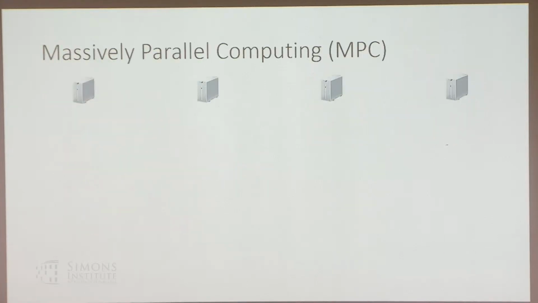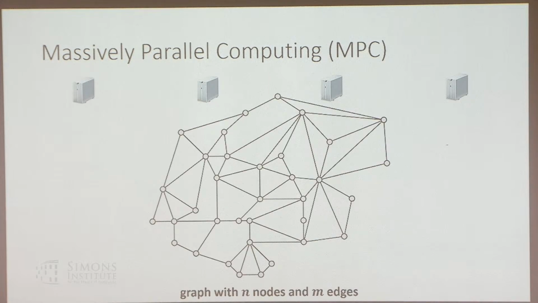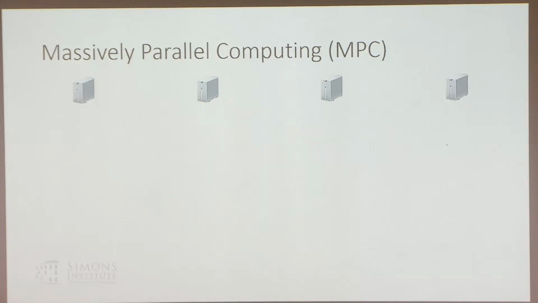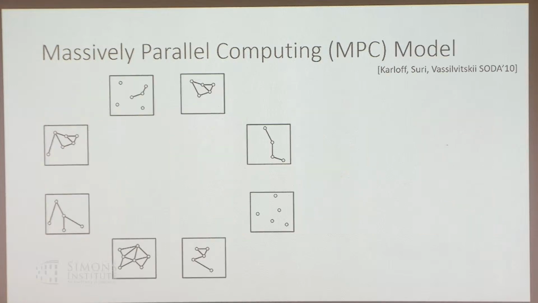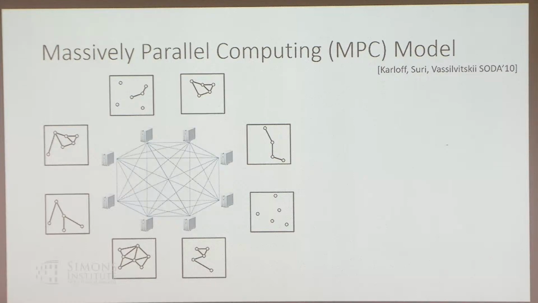All right, so this MPC model, it's the same as you heard about before. So we have some graph as an input, and as these kind of important parameters, we have n nodes and m edges. You first partition this graph into some bunch of machines, and then when you partitioned it, the machines can talk to each other in all-to-all fashion in synchronous rounds.